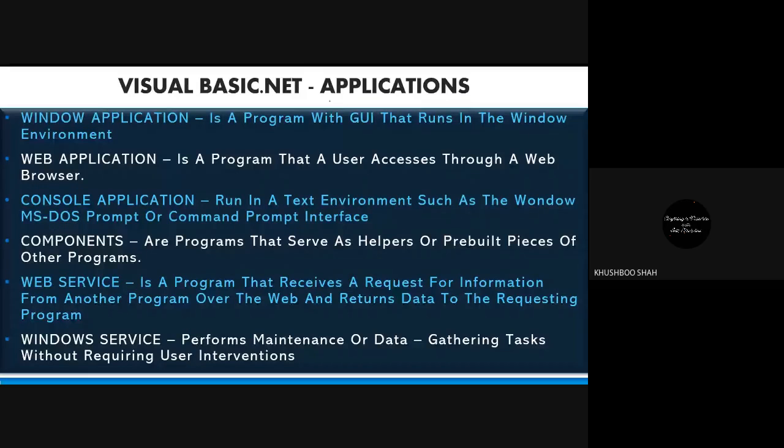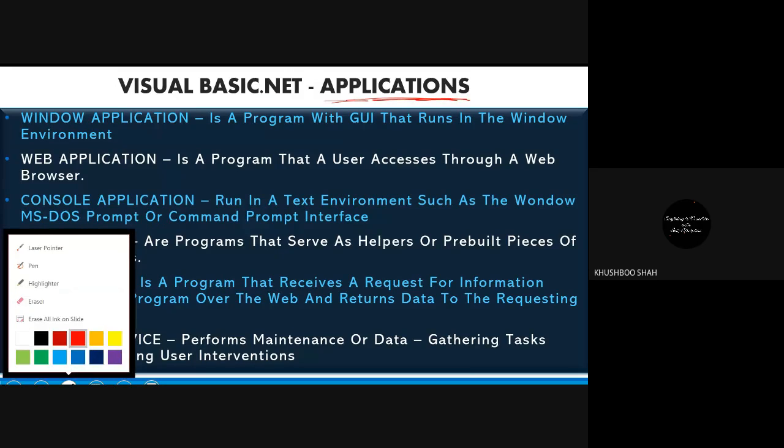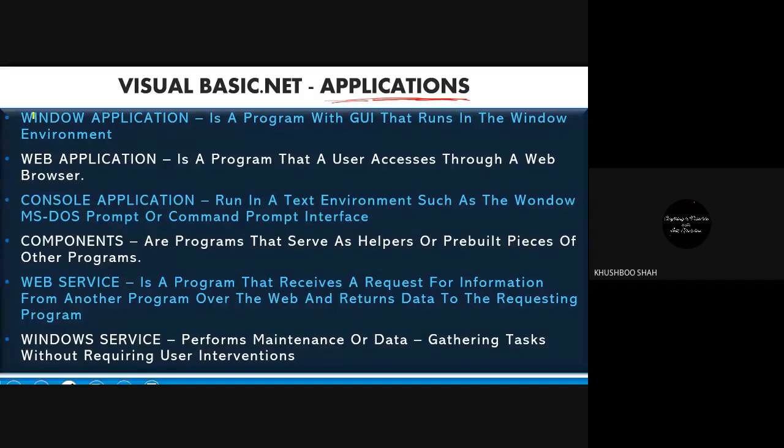Yes, this is something important. Applications. So guys, when we talk about applications, how many different types do we have? We have window application, web application, console application, components, and web services.